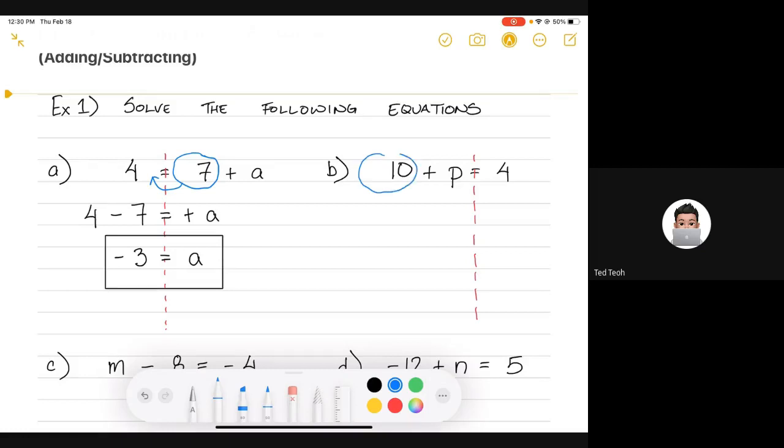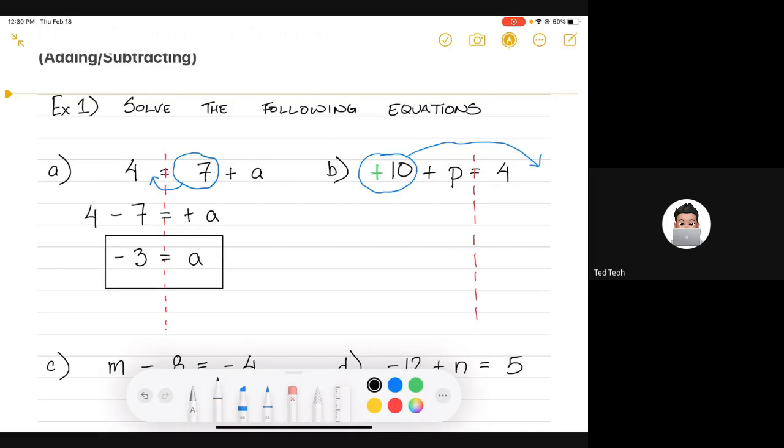You're always going to circle what's in front of the number. In this case, there's an imaginary plus sign in front of this 10. It's not there, but if there was, it would be a positive number. I'm going to bring this over to this side of the equation, and when I do that, it becomes a negative 10.